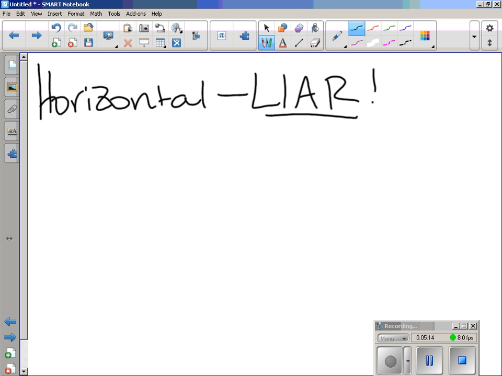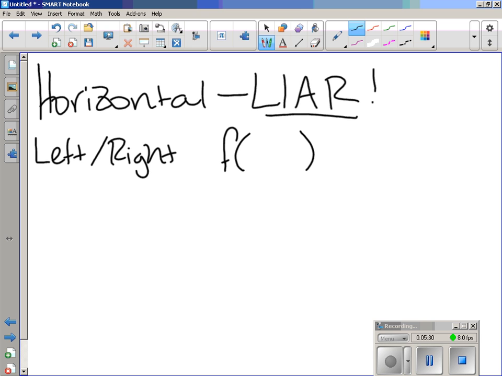Let's start with the simple type of horizontal transformation, and that's left or right. When I do a horizontal transformation, it's going to go inside the parentheses. The letter that we like to use for this is H, for horizontal. That's really the only one of these letters that makes sense.